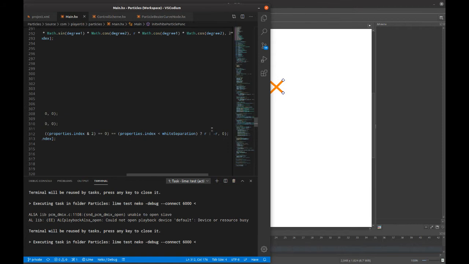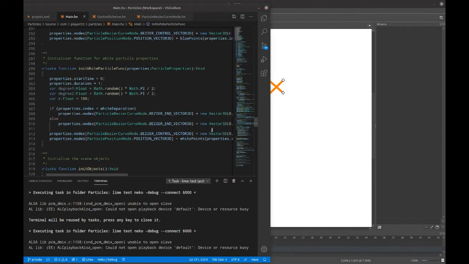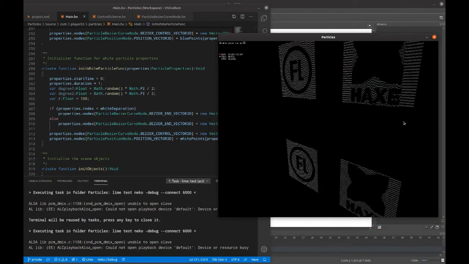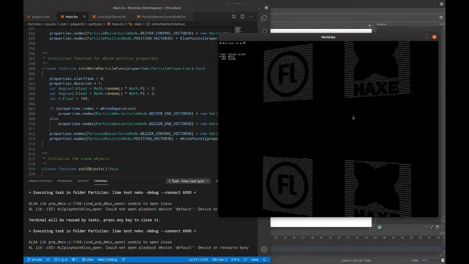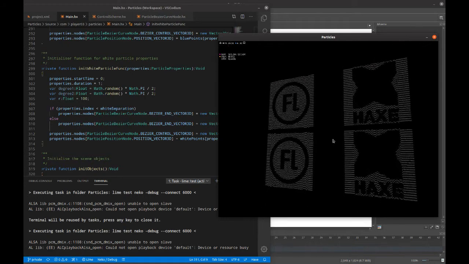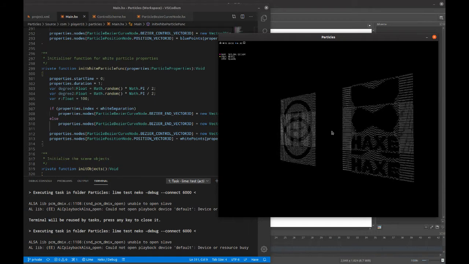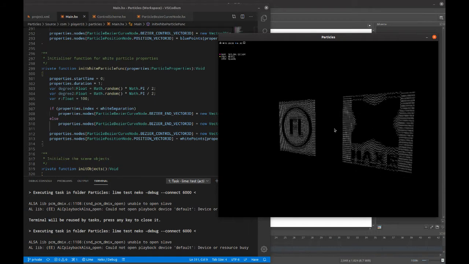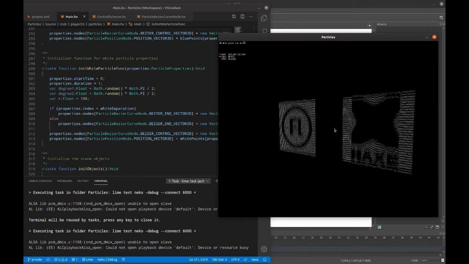Hopefully doing this step by step will allow you to see. Come on, get over here. So now about half the particles are going one way and half the particles are going the other way, but they meet up. Start point, end point.